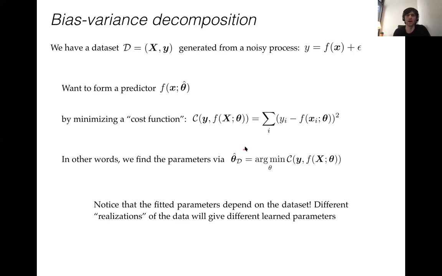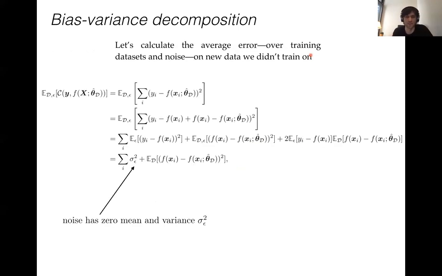And let's say you do that, then the way that you would measure your performance is to ask about the same squared error, not on the data that you trained on, but on new samples from this process that you didn't train on. And this is what I'll skip over, but you can actually do some simple analytic calculations that study the average performance on new data when you predict with those parameters that you fitted.